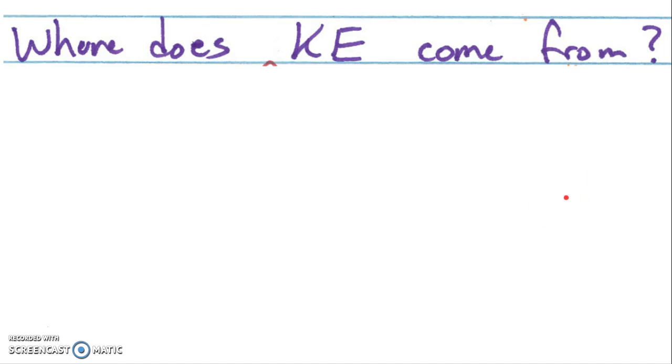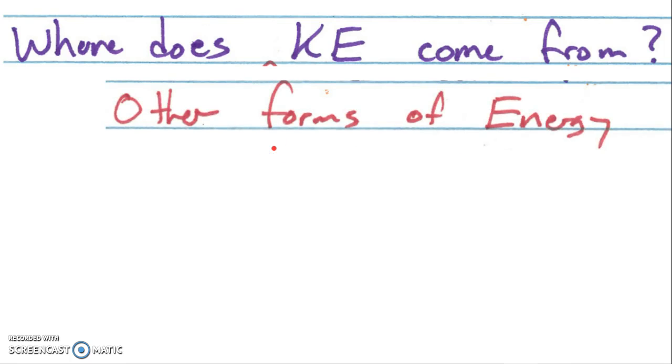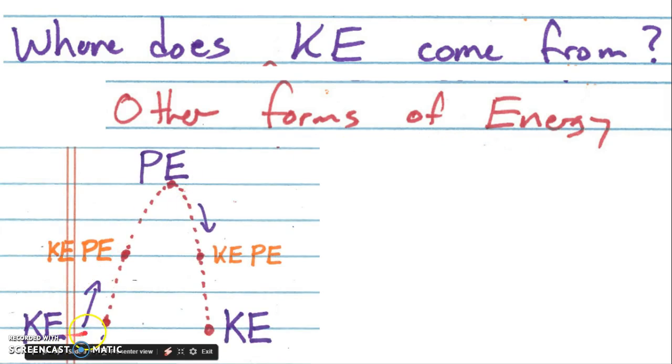So where does kinetic energy come from? Kinetic energy comes from other types of energies. It comes from chemical energy, from gravitational energy, and from all sorts of other types of energies. We can see this with a tennis ball. If this tennis ball is moving, we've got kinetic energy when you throw the tennis ball up.